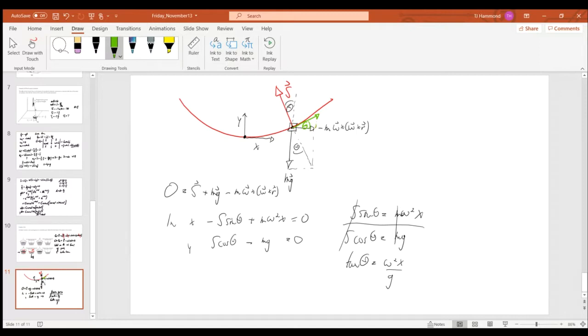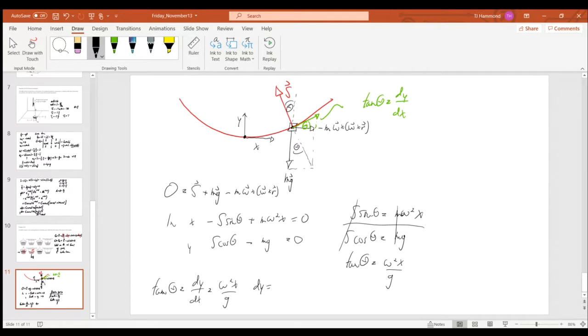So from this theta here, we have tan theta is going to be our dy by dx. So then what we get is tan theta equals dy by dx equals omega squared x over g.